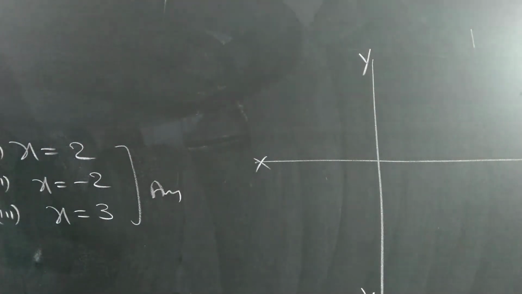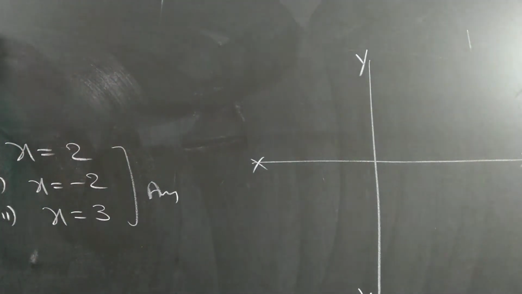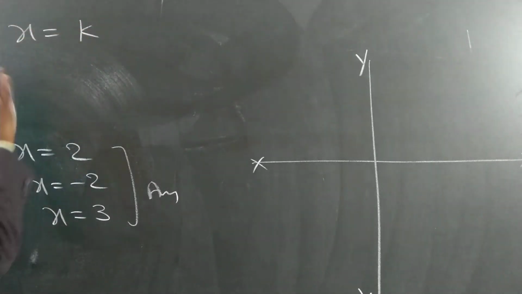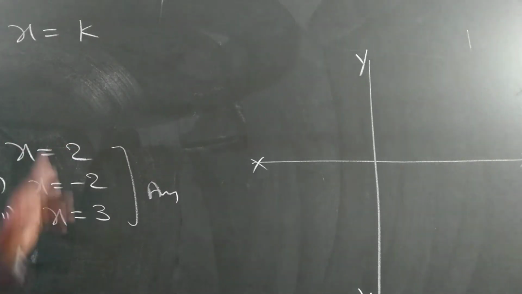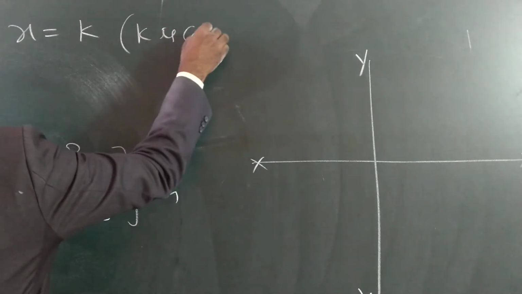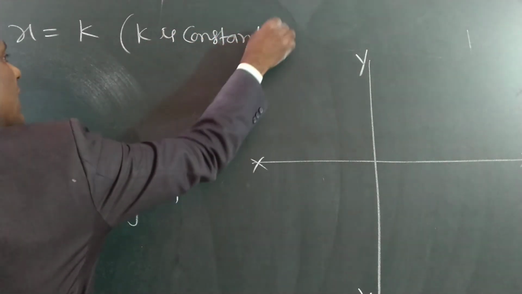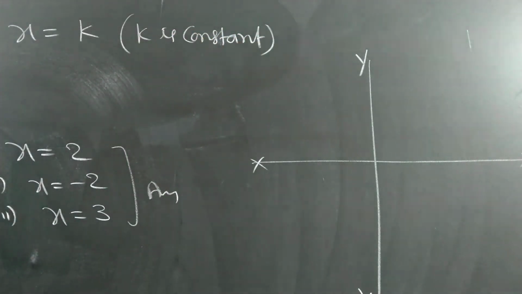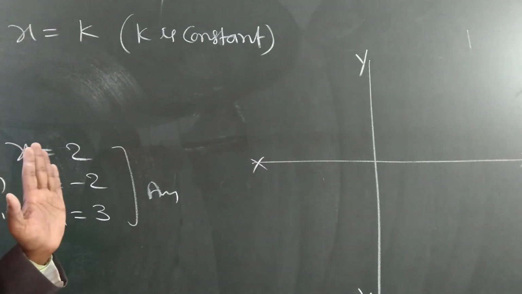So this chapter is over, students. I am giving some important bits. See here. X is equal to k. What can you tell about this line? X is equal to k, where k is a constant.